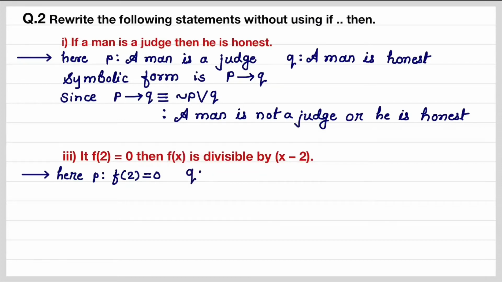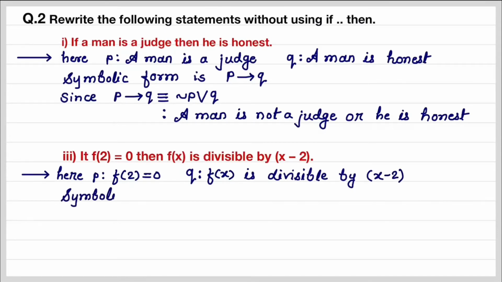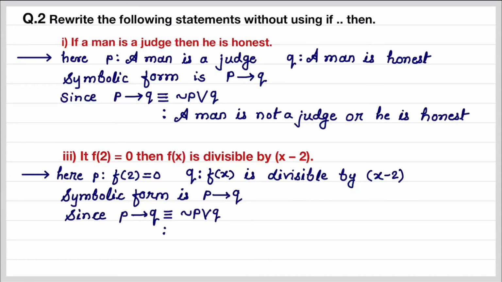The first statement is denoted by P and the second by Q. The symbolic form of the statement is P implies Q. By conditional law, P implies Q is equivalent to negation of P or Q. So the statement is f of 2 is not equal to 0 or f of x is divisible by x minus 2.